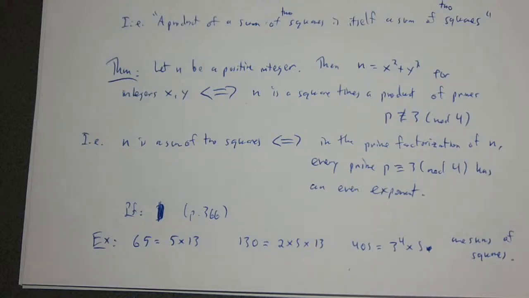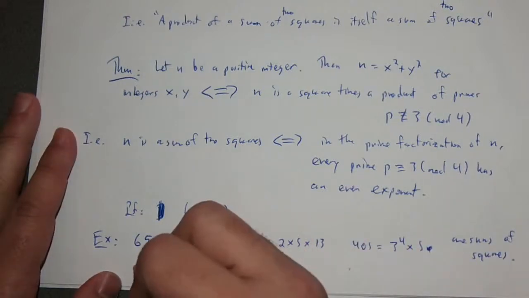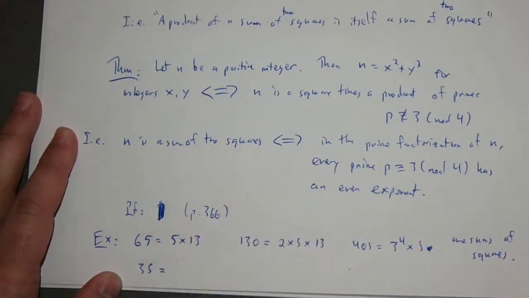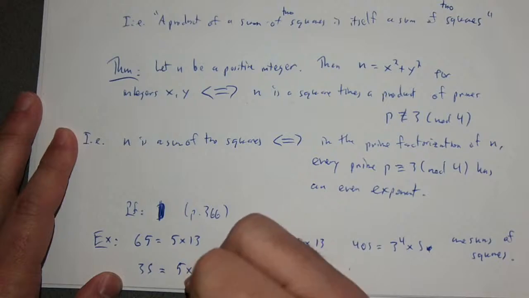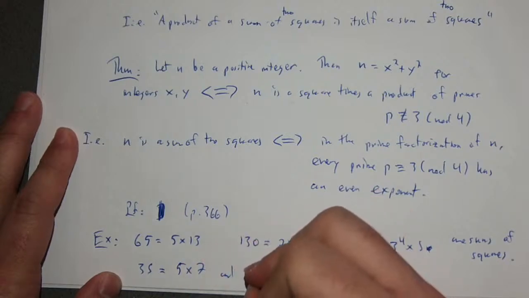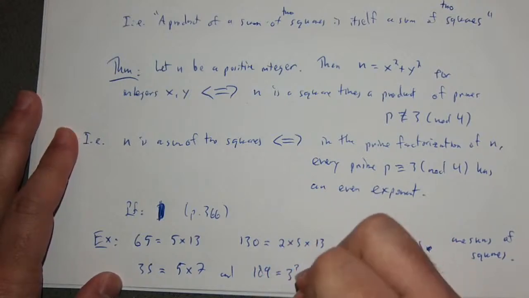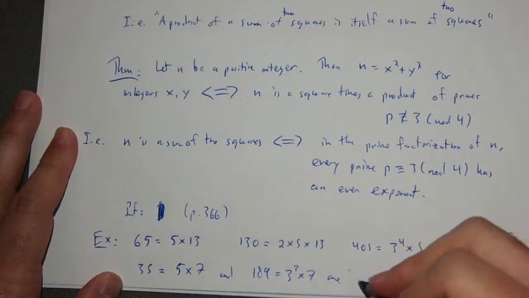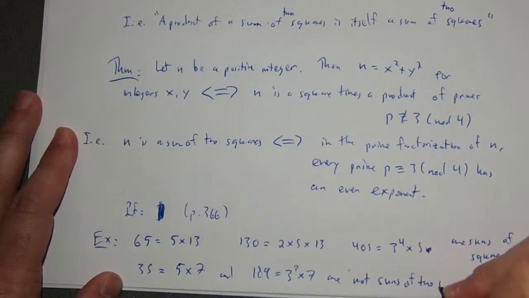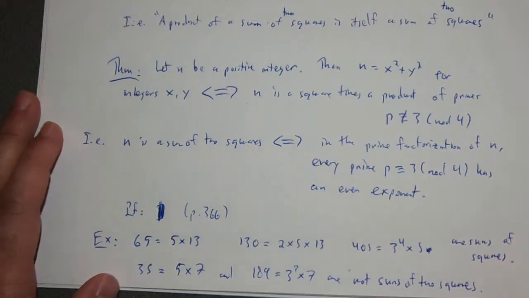But then if we don't have a positive integer that satisfies the hypothesis of this theorem, then it can't be written as a sum of two squares. So 35 is 5 times 7, and 189, which is 3 cubed times 7, are not sums of two squares.